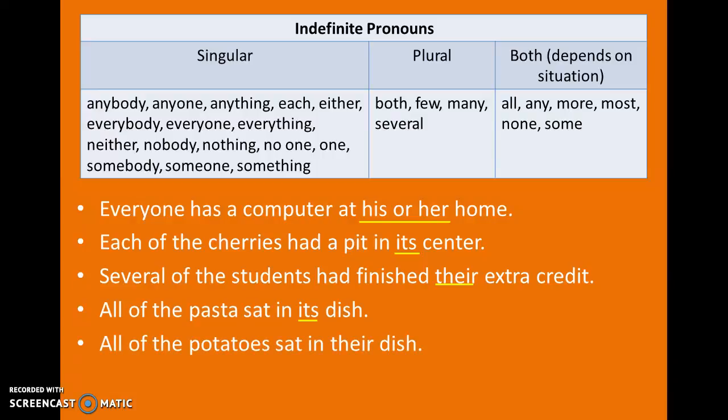On the other hand, if you were to say all of the potatoes, now all is referring to potatoes, which is a plural noun, so you would therefore use a plural pronoun, which would be their. So just a little trick, when you see indefinite pronouns like all or any or some, you have to look at exactly what that pronoun is referring to.